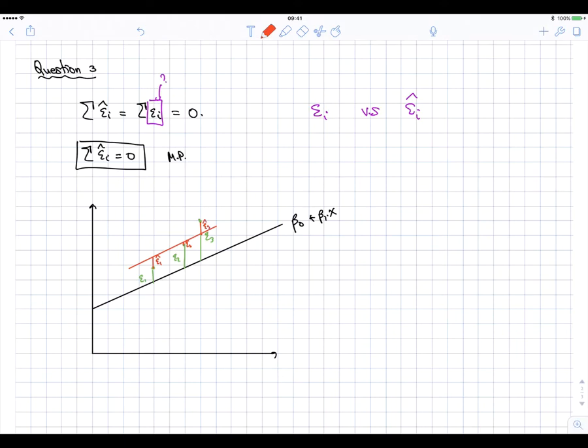That's the OLS line. And this thing here is the true unobserved line or relationship, if you like, okay?